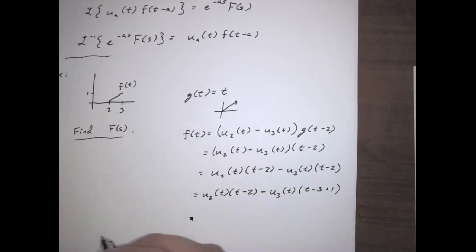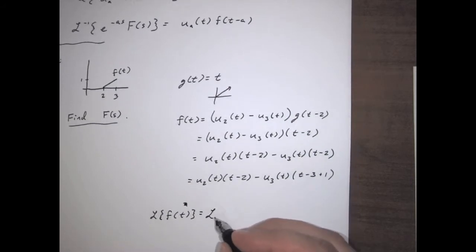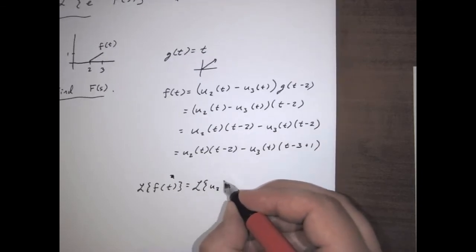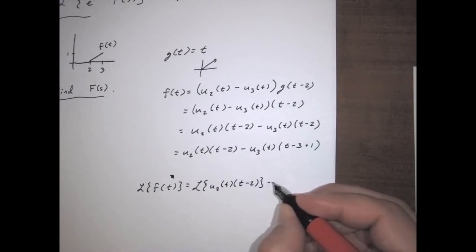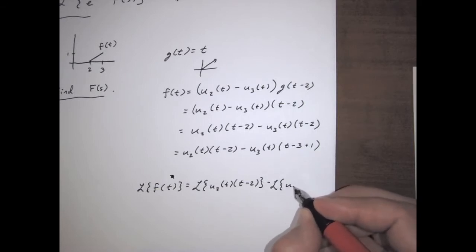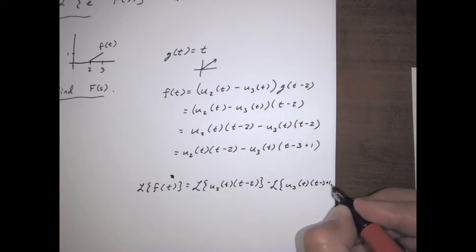So then here what we would have is, if we want to take the Laplace transform of this, the Laplace transform of f of t would equal the Laplace transform of u2 of t times t minus 2, which fits the form, minus the Laplace transform of u3 of t times t minus 3 plus 1, which now also fits the form.